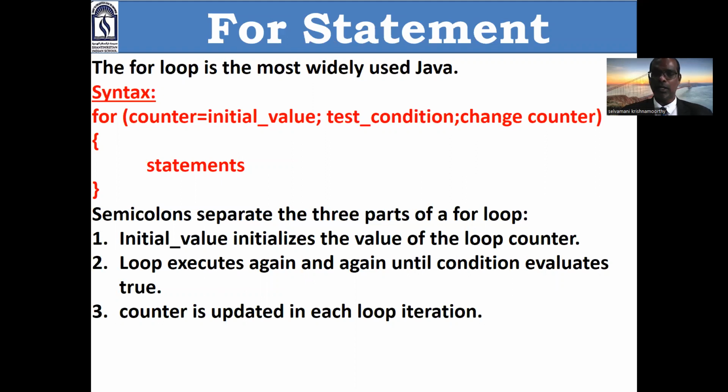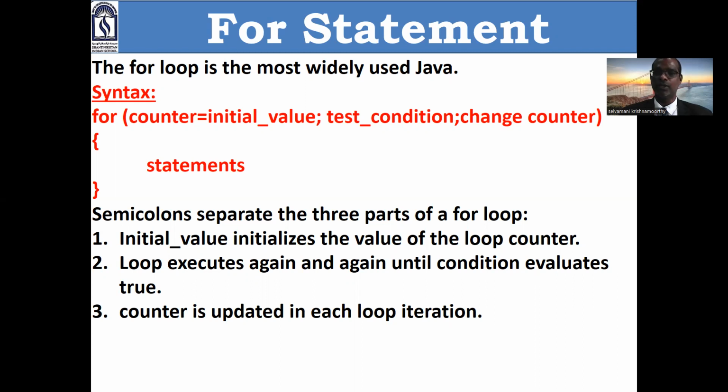In using while and do while, we encounter three steps. One is initialization, second is expression, third is increment. Am I right? Here also it is the same thing: initialization, condition, and then increment. All are placed in a single line.